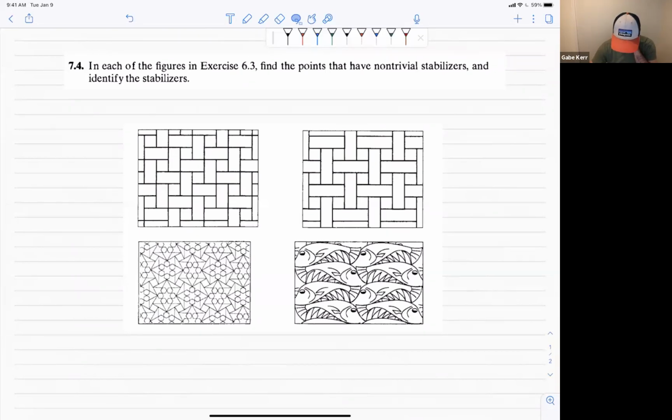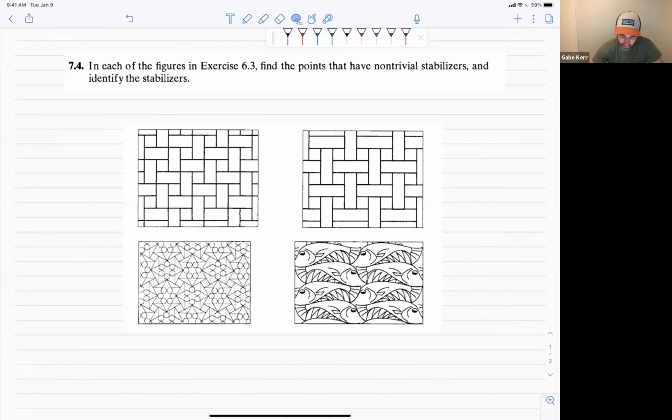Yeah, this is a pretty ambiguous question, I'll give you that. I mean, there are points that are not exactly on the figures that might have non-trivial stabilizers.